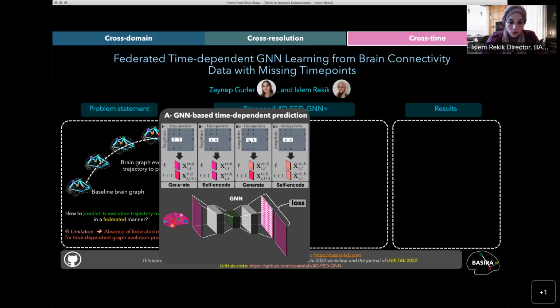Hypothetically, this time point is this case, which means you self-map and then learn how to generate the next one. And the worst scenario is when you also have consecutively missing time points. Some hospitals might have only one time point, imagine, while another hospital acquires 5 or 6 time points, right?